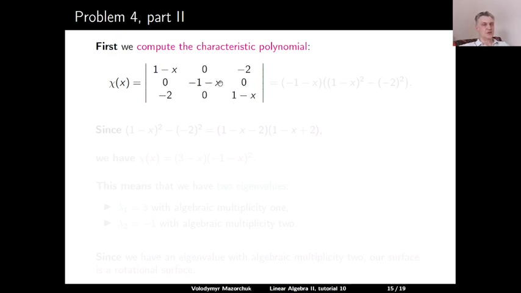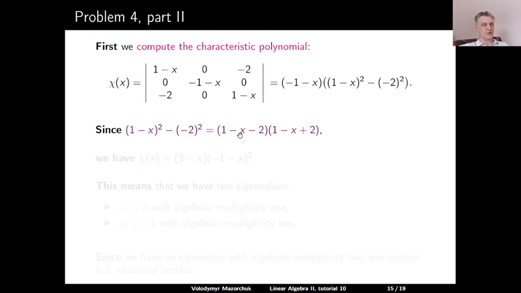So this is a product of the determinant of this 1 times 1 matrix, which is minus 1 minus x, times the determinant of this 2 times 2 matrix, which is 1 minus x squared minus minus 2 squared. Since this second factor is a difference of two squares, we can write it as 1 minus x minus 2 times 1 minus x plus 2.